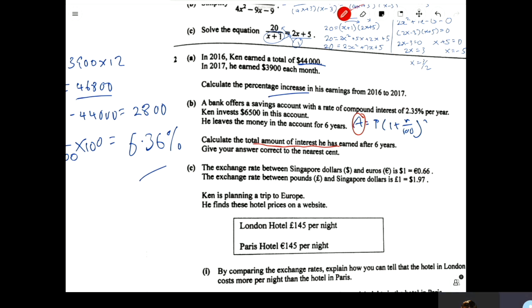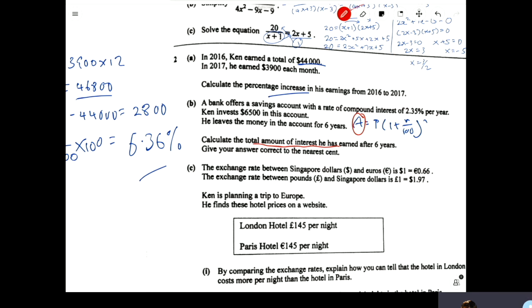Okay, how is it? The final answer is 7472. What's the total interest earned? 7472 is the total amount.